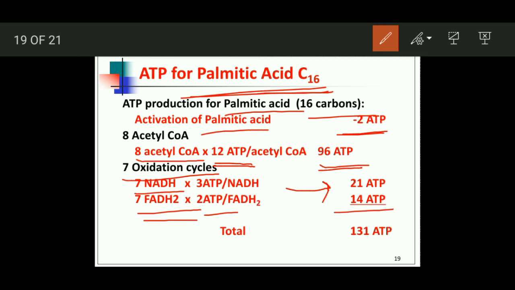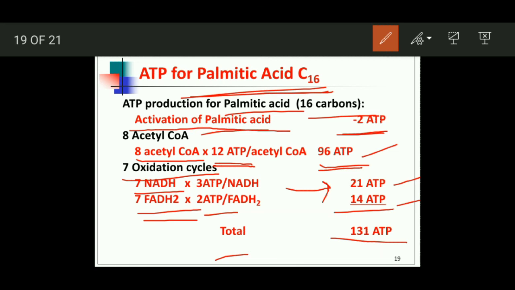As a whole, if we calculate the total yield of ATP from beta oxidation of palmitic acid, we get 131 ATP. But 2 ATPs were invested earlier in the activation of palmitic acid, as we have already discussed.